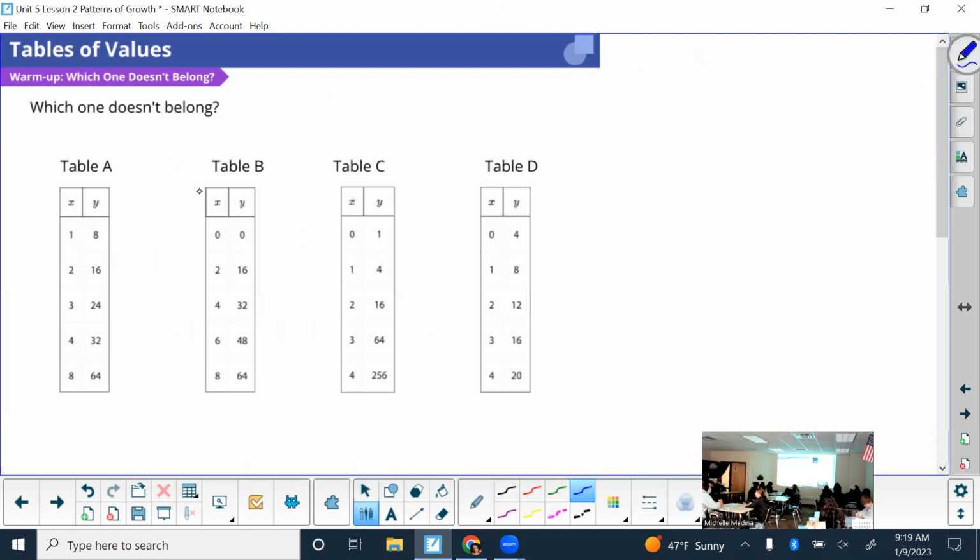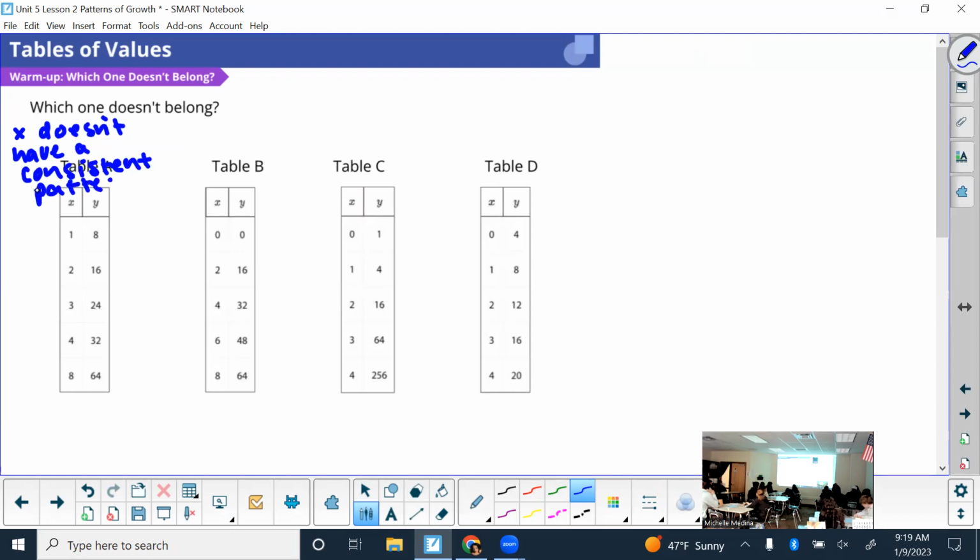It doesn't have to be the reporter. So X doesn't have a consistent pattern. Do the other ones have a consistent pattern in the X?